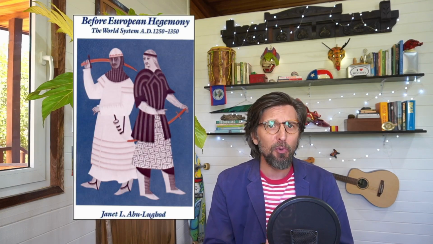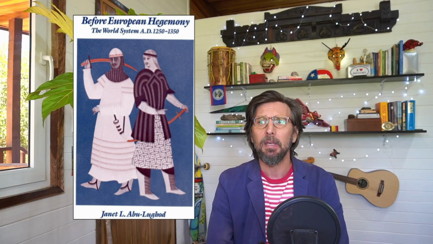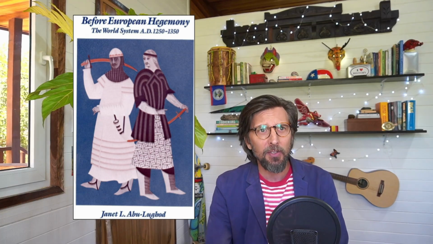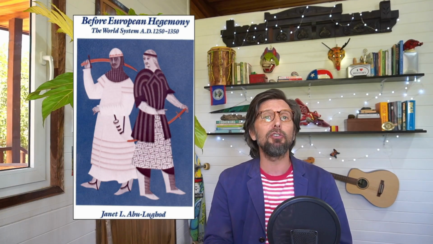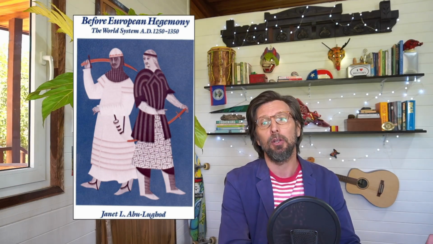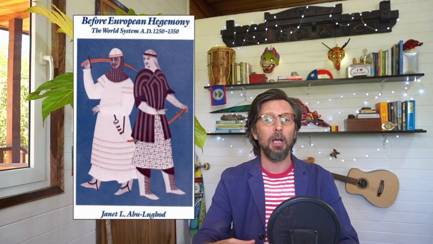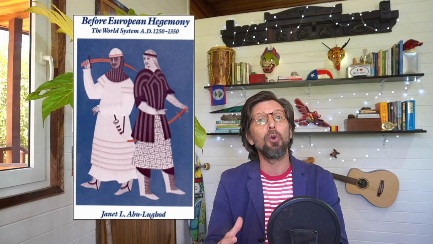One of the more important texts that deals with this period is Janet Abu-Lughod's Before European Hegemony. We talked about this a little bit last time. If you'll remember, what she does is take Immanuel Wallerstein's concept of a world system and push it back in time. Wallerstein says we get a full world system once both hemispheres of the world are connected.